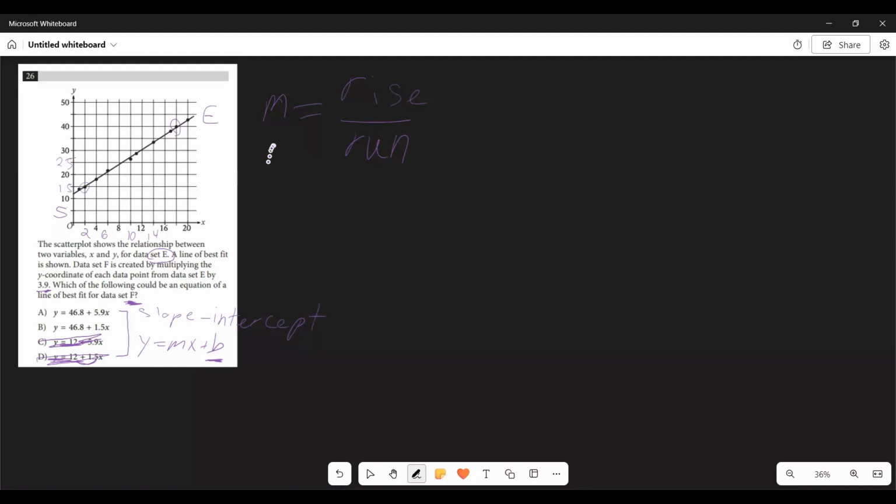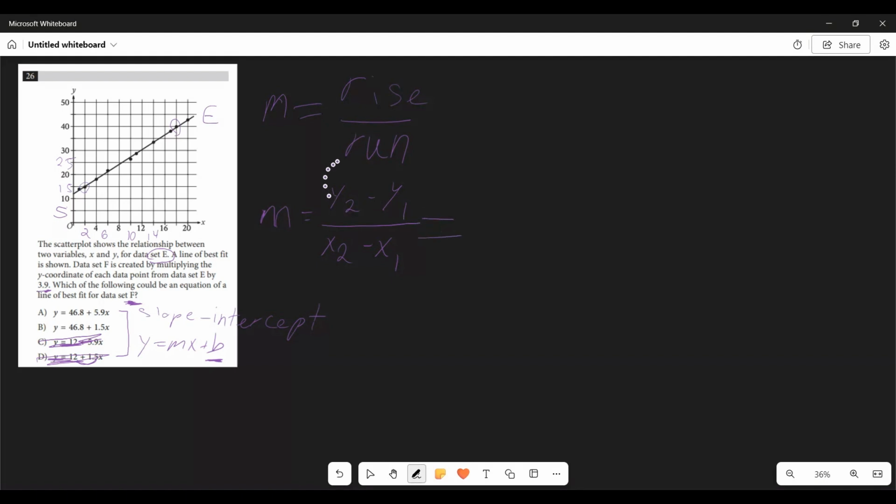So another way to write slope is m equals y2 minus y1 over x2 minus x1, right? So now let's just plug in these 2 points. I always like to use the bigger point as my y2 and x2, and then the smaller point as the y1, x1. It just makes it easier.